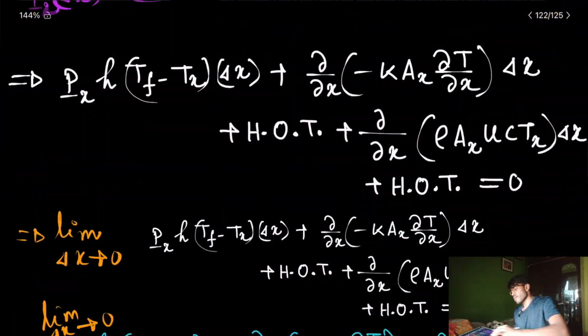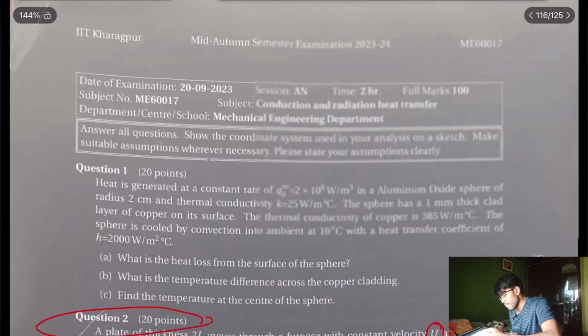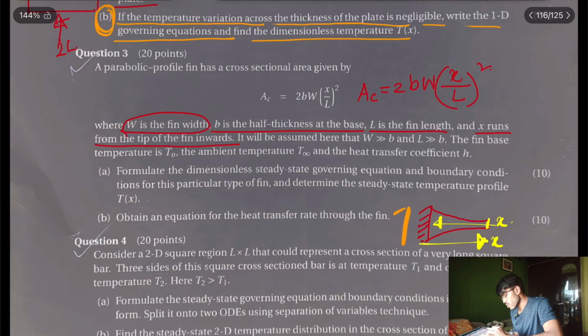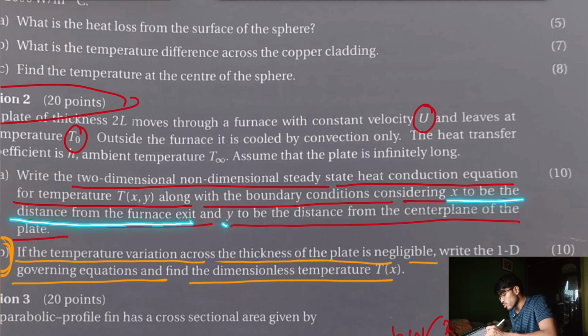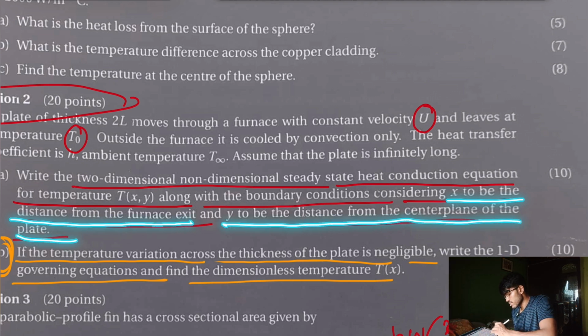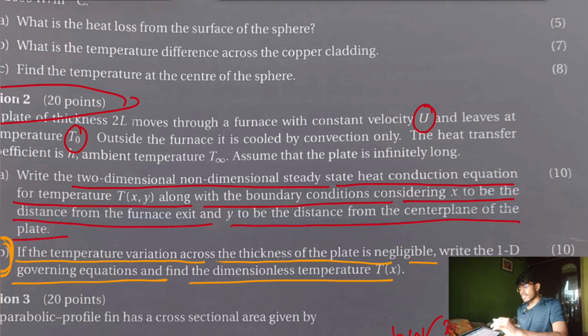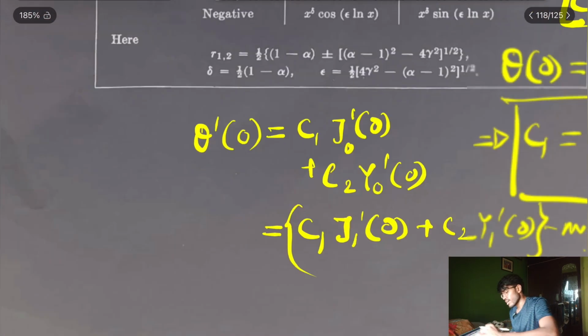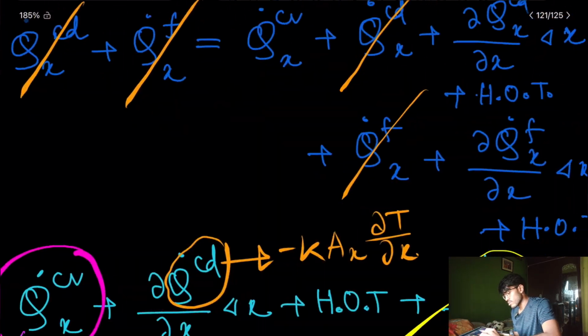See very carefully, in the question it is clearly mentioned where you have to take your coordinate axis: x to be the distance from the furnace exit and y to be the distance from the center plane of the plate. So x is starting from the furnace exit, that means my origin is at the furnace exit, and my y is starting from the center plane.